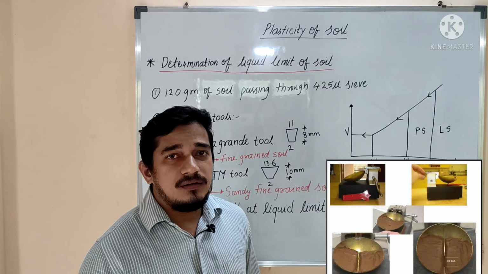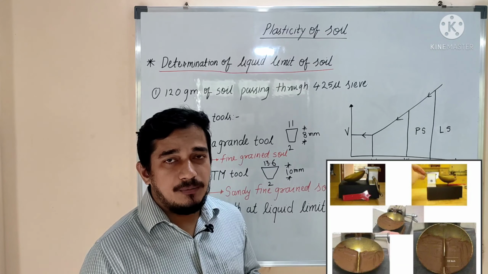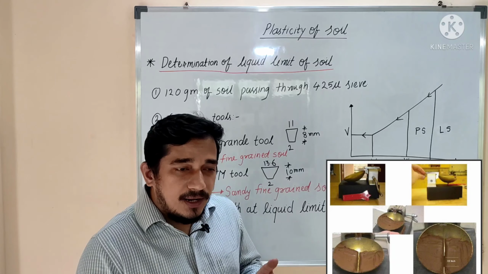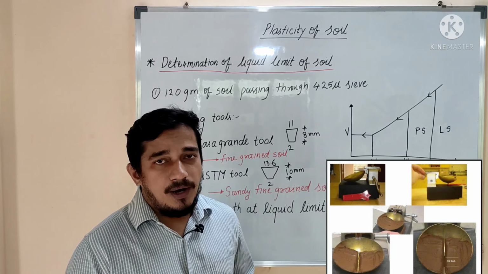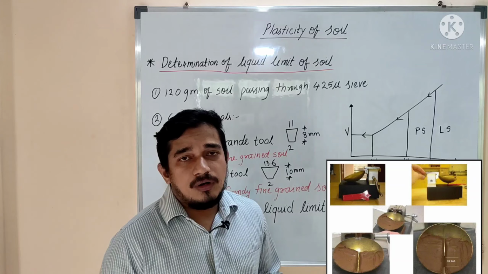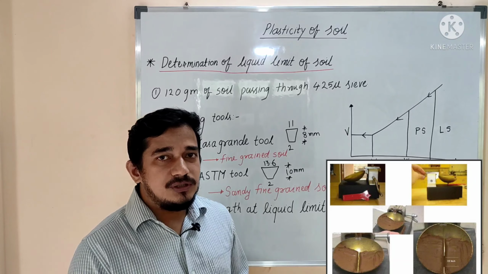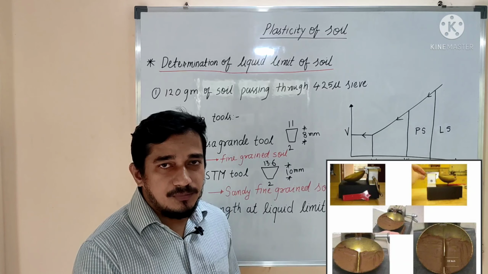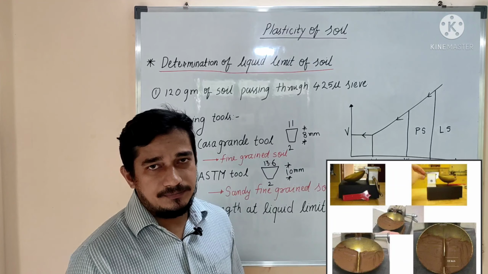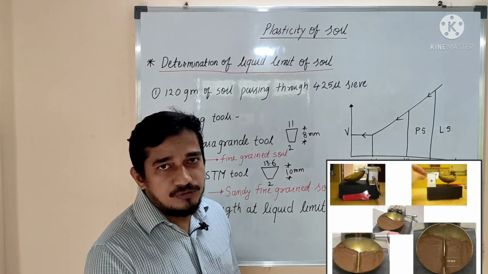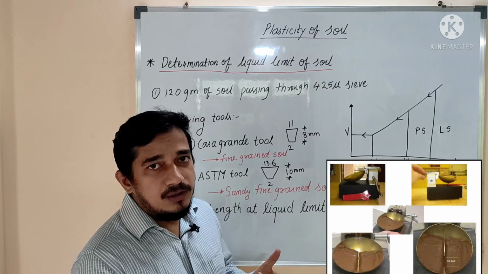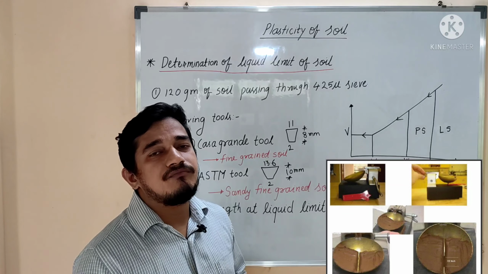As we rotate it, the brass cup will be lifted by 1 centimeter, that is 10 mm, and again it will be dropped by 1 centimeter. The platform on which the brass cup will be dropped is a rubber pad.